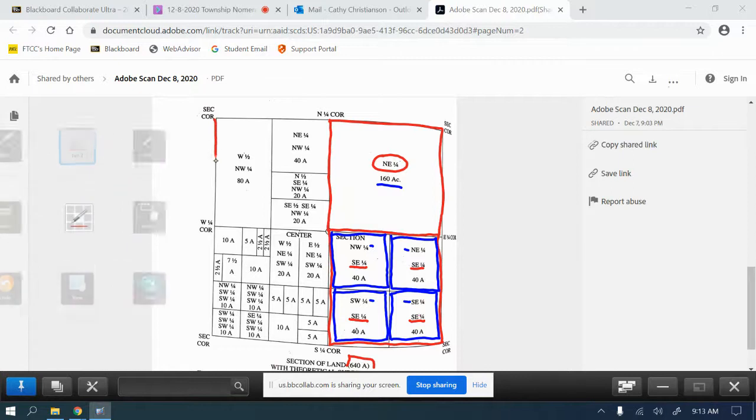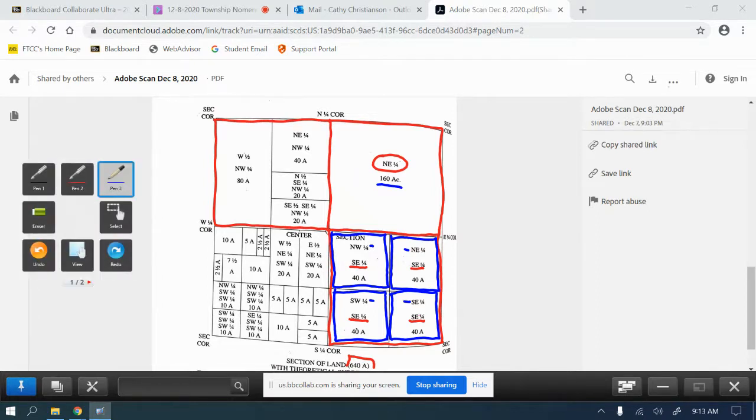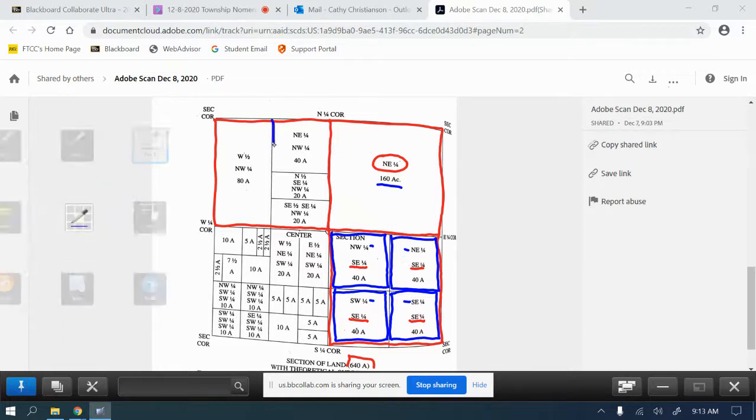All right, so this is the northwest 1/4. And then they broke it down into a couple of sections. So this one, they just split it in half. So that's the west half of the northwest 1/4.